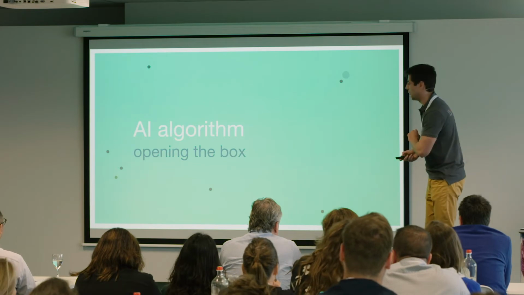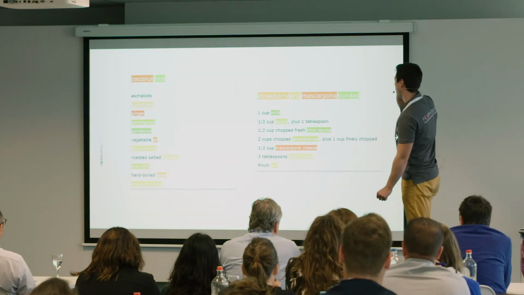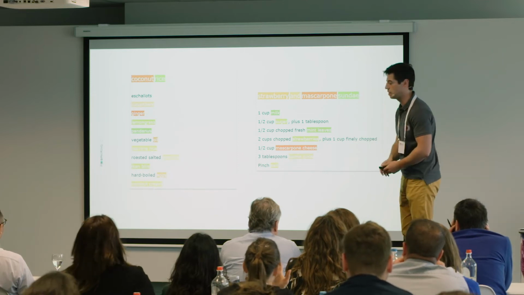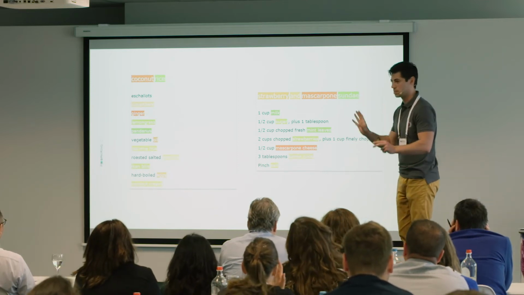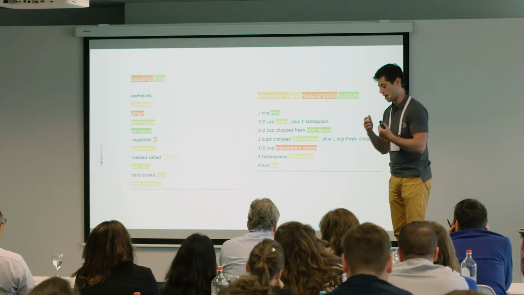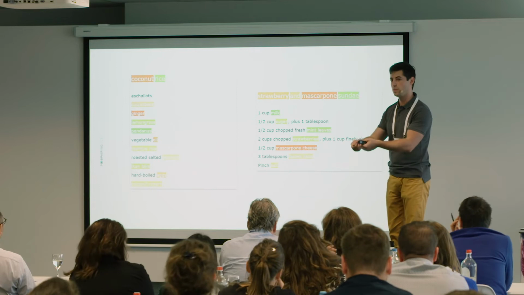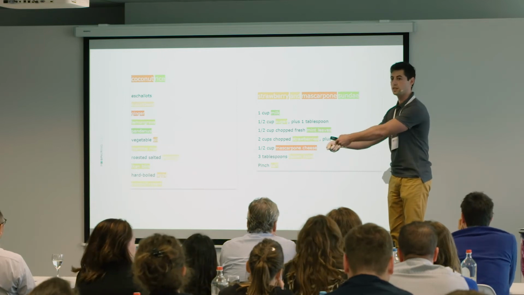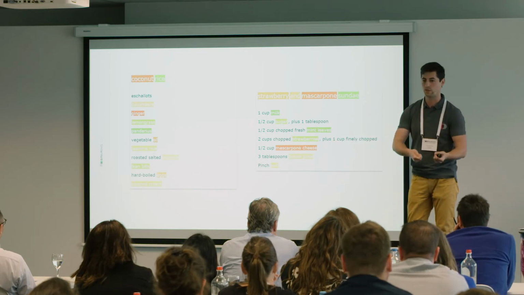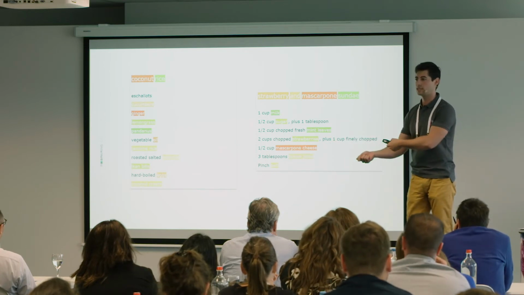So opening the box a little bit, I have added the coconut rice example here and the sundae example here. And I have asked the algorithm, but I looked into the algorithm and I have tagged the words that contribute to that decision in green and the words that dissuaded from going for that class in red.